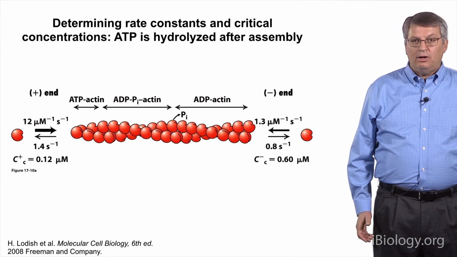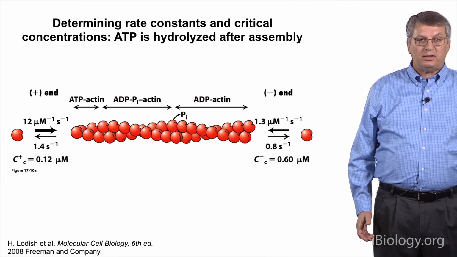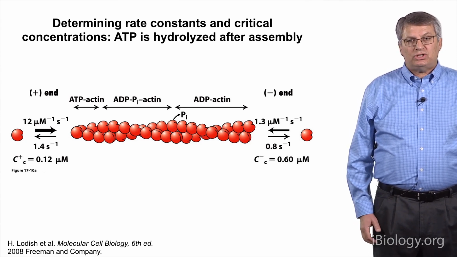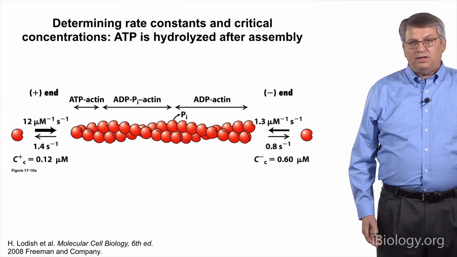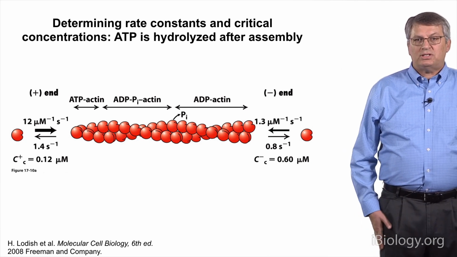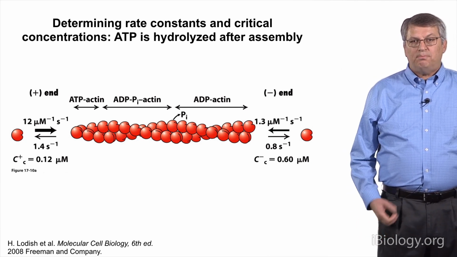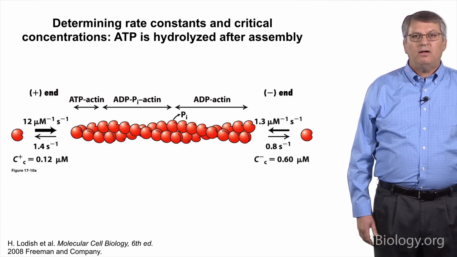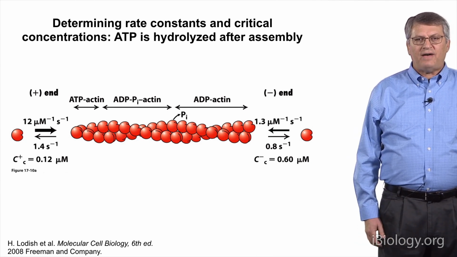We learned that actin preferentially assembles on the plus end. We learned that actin filaments disassemble much too slowly for their disassembly to drive the rearrangements of actin that occur in cells based just on disassembly of pure actin. There must be other factors in the cell that mediate the disassembly of actin filaments.